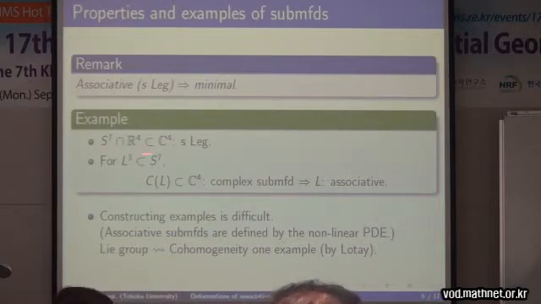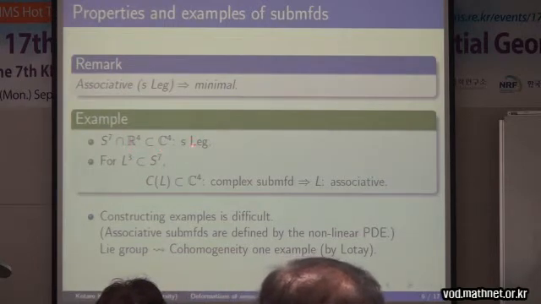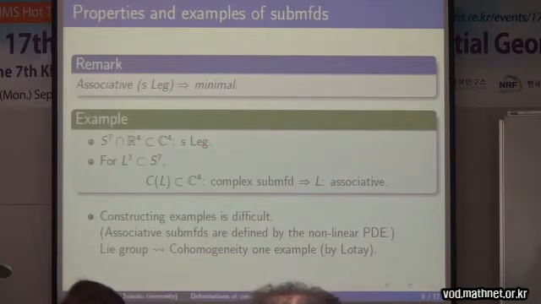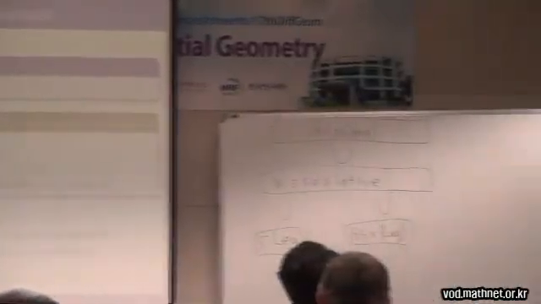First example is a very basic example. Namely, here R4 is the real part of C4 and consider the intersection of S7 and R4. Then it is known to be special Legendrian. This can be proved very easily, so we will give the proof here.